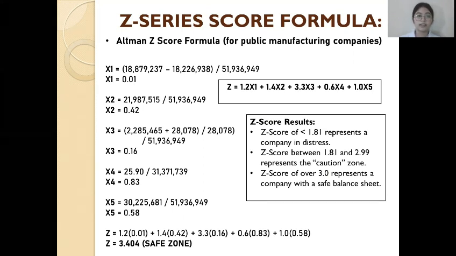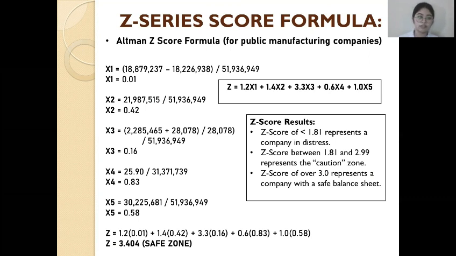X3, we get the EBIT, which is the 2.2 million plus interest expense of 28,000, divided again by the total assets of 51.9 million equals 0.16. Then for X4, we use here the market capitalization instead of the market value. We have the 25.9 trillion divided by total liabilities of 31.3 million equals 0.83. And X5, which is the sales, 30.2 million divided by the total assets, 51.9 million, equals 0.58.